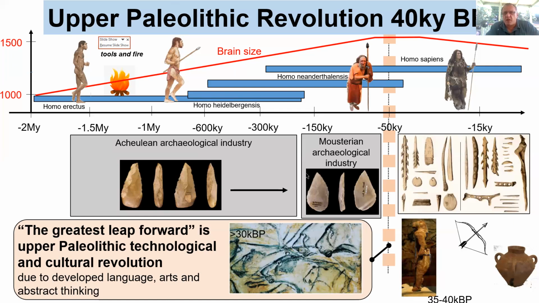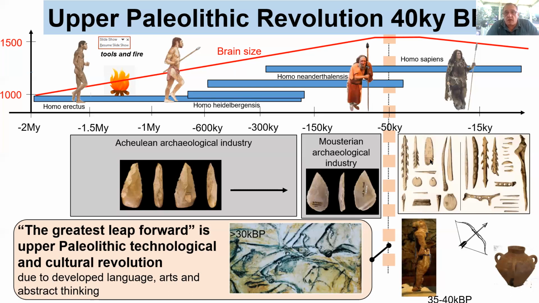There might be some changes, some adjustments, some refinements. It's not that it was completely stagnant, but these changes over a million years were staggeringly small. And finally, around 40,000 years ago, a revolution takes place.